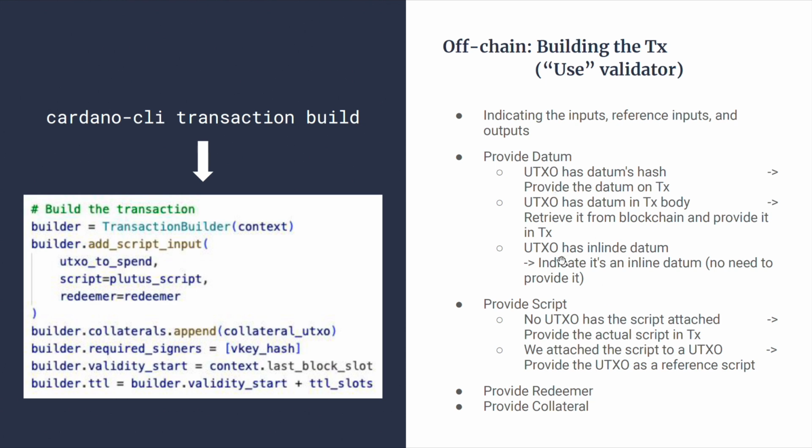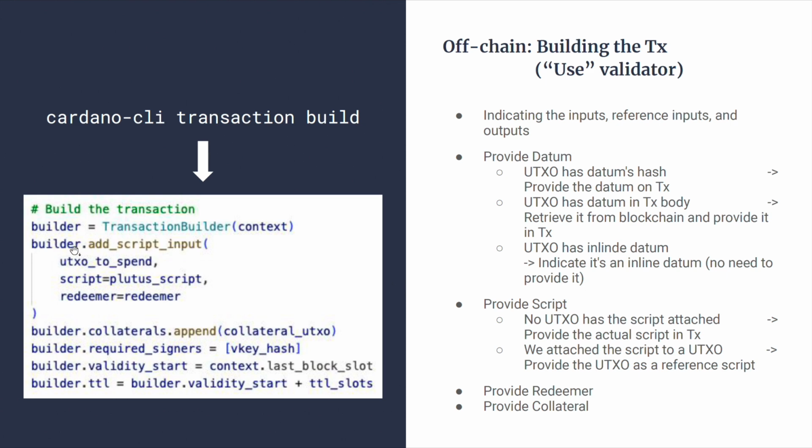There are a couple of different options here depending on whether the datum is actually in the UTXO or only the hash is in it. I don't want to go so much into detail here, because if you use PyCardano, it's mostly taken care of for you to some degree.